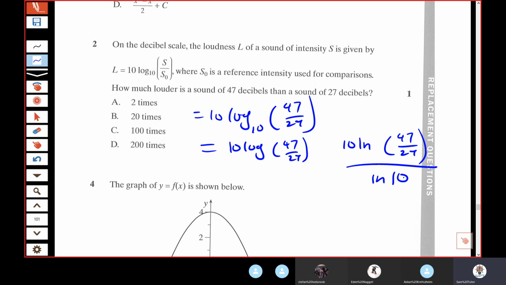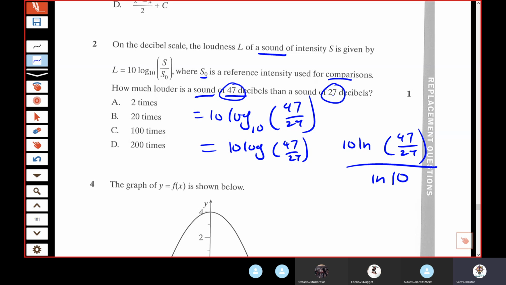On the decibel scale, the loudness L of a sound of intensity S, the intensity is 47. L is loudness. And it says S naught is a reference intensity used for comparing. So comparing 47 to 27.